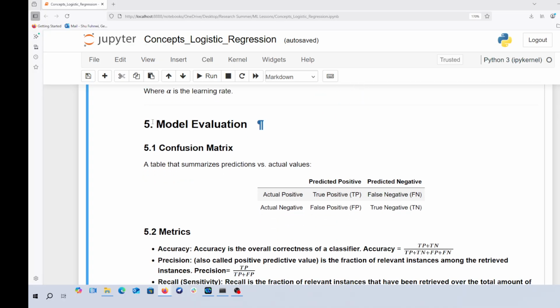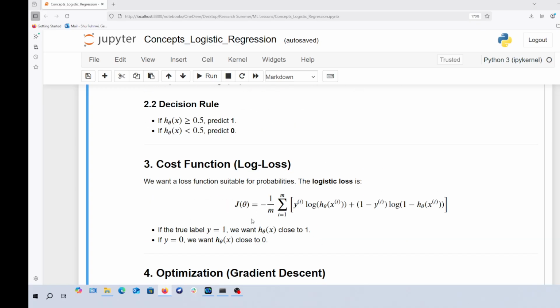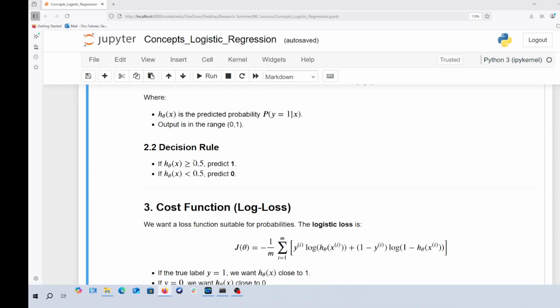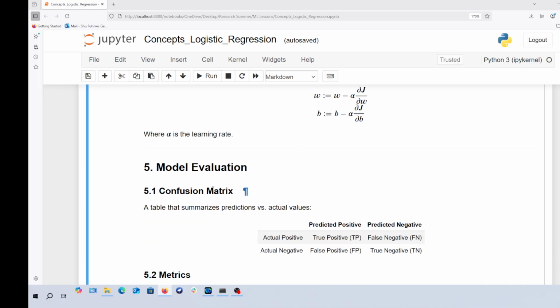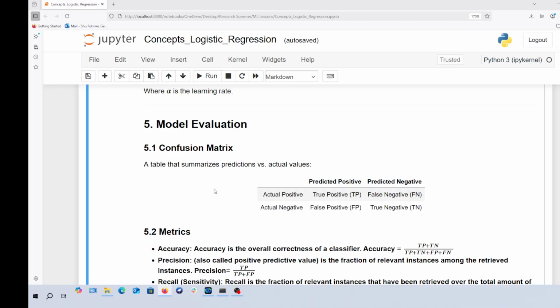So when we build that model, how do we evaluate if that model is performing well? The first thing we have to note is what is called a confusion matrix. A confusion matrix is used to summarize the predictions and the actual values. The predictions come from the model, when we obtain these parameters and make these decisions, and we can match those decisions with the actual output from the data set.